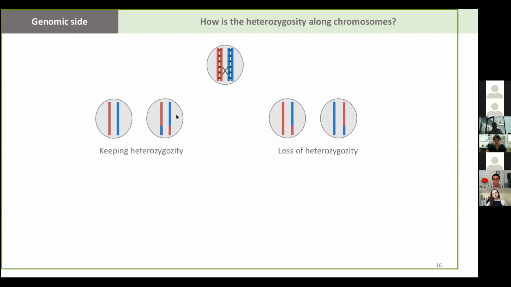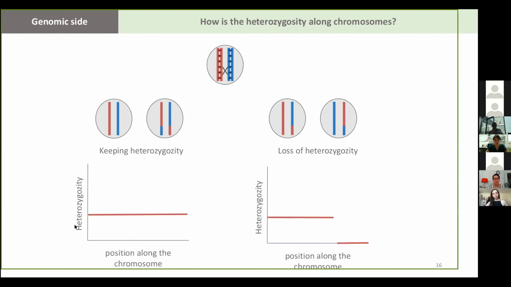And so if we look at the heterozygosity along the chromosomes, in this case, we should have a stable heterozygosity all along the chromosomes, while here we should have a normal heterozygosity for the first part, but for the end of the chromosome, we should have a heterozygosity of 0. So we measured the heterozygosity along chromosomes for the 10 individuals we sequenced.